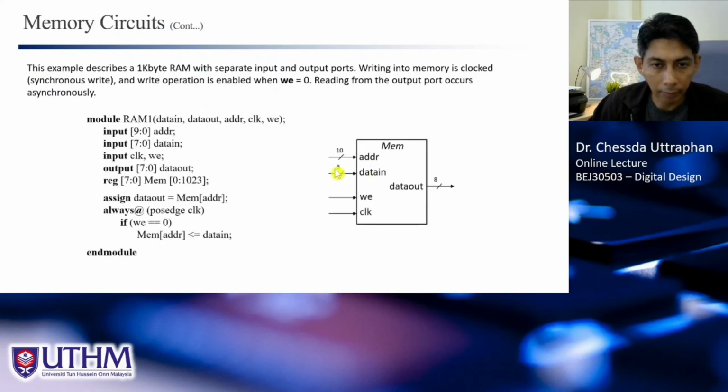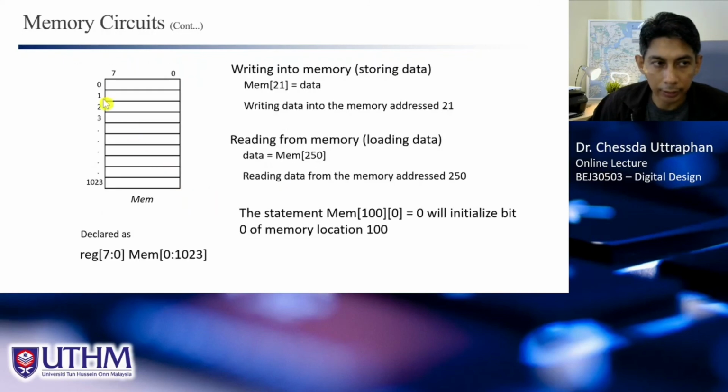So in this case, this is the memory that we want to create, and the address must be 10 bit. Why 10 bit? This is because to represent this value 1023, you need 10 bit size.